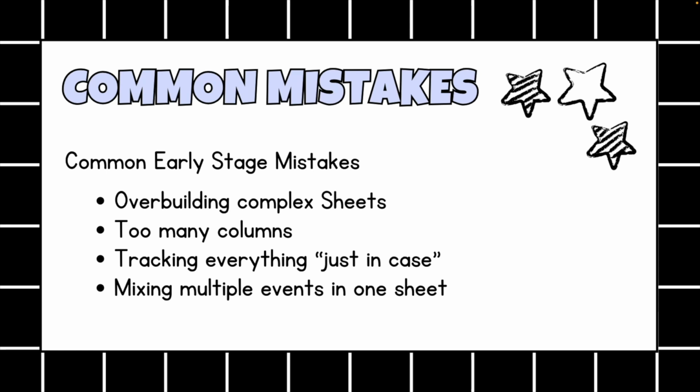So the third thing is tracking everything just in case is another pitfall. While it's tempting to prepare for every possible scenario, it can lead to too cluttered and confusing sheets. So finally, the last common mistake that I see is mixing multiple events in one sheet. And this can ultimately create chaos and lead to mistakes as it blurs the lines between different events.